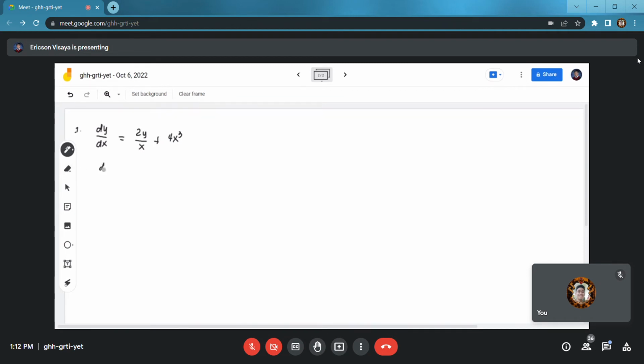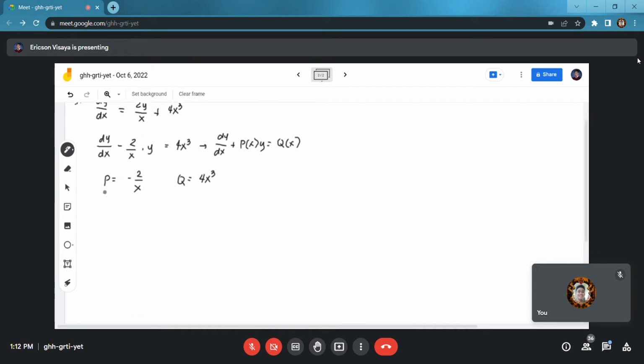So yan magiging dy over dx minus ang ating 2 over x times y is equal to 4x cubed. So ito, nasa form na tayo ng LDE, dy over dx plus p of x y is equal to q of x. Identify muna natin p. Ang p natin is equal to negative 2 over x. Tapos ang q naman natin, yan ay equal to 4x cubed.